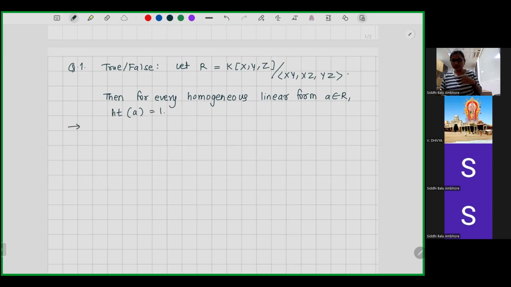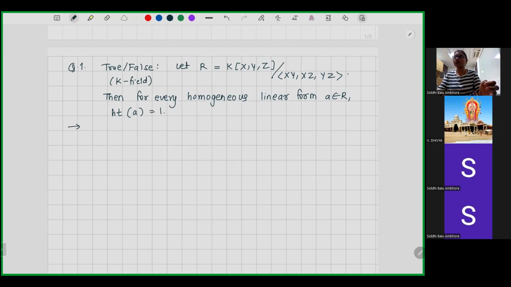Here K is a field. So we have this quotient ring, the polynomial ring k[x,y,z] quotiented by the ideal (xy, xz, yz), and we are asked about every homogeneous linear form A in R. When we say homogeneous linear form, it means we have this polynomial ring quotiented by the ideal (xy, xz, yz), which is again a homogeneous ideal.